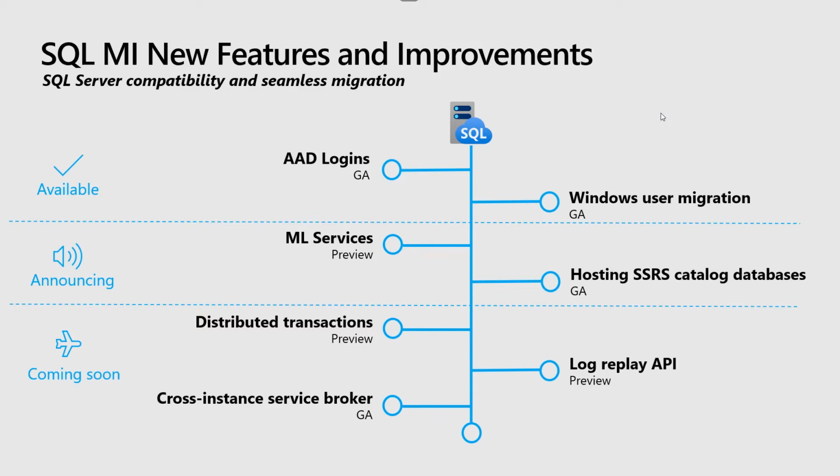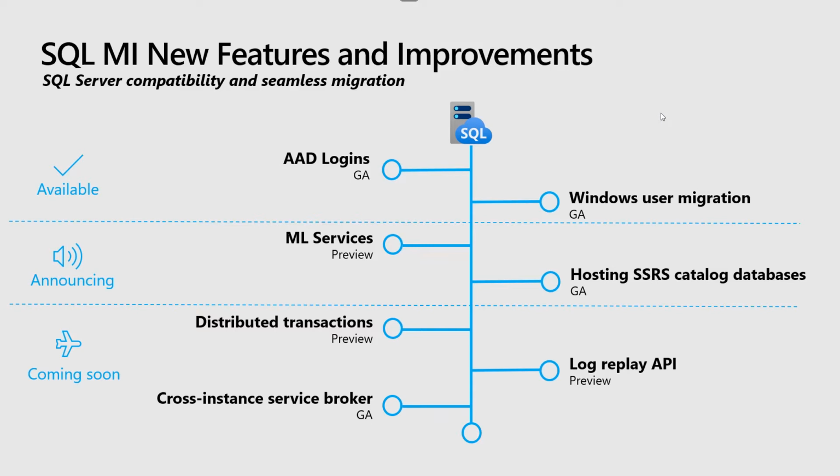Another thing that's coming is support for hosting SSRS catalog databases, namely SQL Server Reporting Services previously couldn't host their catalog databases on Azure SQL Managed Instance. Now, SQL Server 2019 Reporting Services added native support for managed instance.